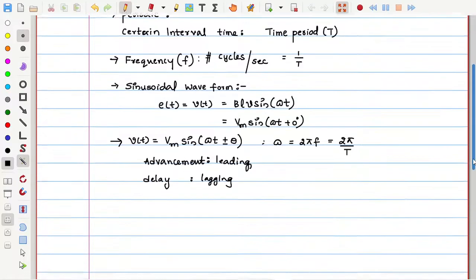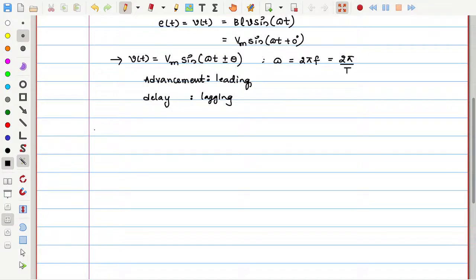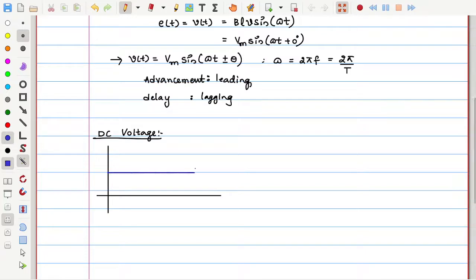Okay. So now let us see one more important feature about this AC. First, try to observe the DC systems or DC voltage. For example, if I draw a waveform like this, let us say this is 10 volts, which is starting at 0 and continuing up to infinity.